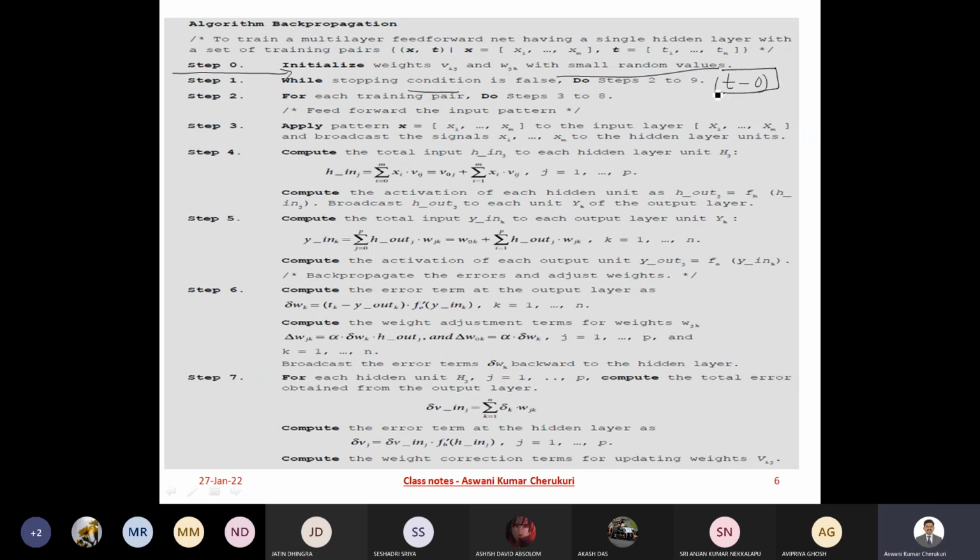That is the stopping condition. But in some applications, this t minus o may not become 0, but it reaches a very small epsilon, which is almost close to 0. So you have to see, and then accordingly you fix the stopping condition. Till you stop, you have to train the model.